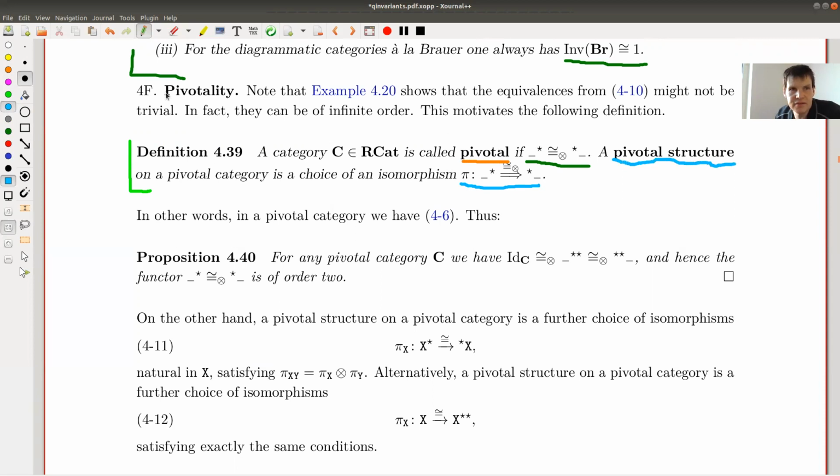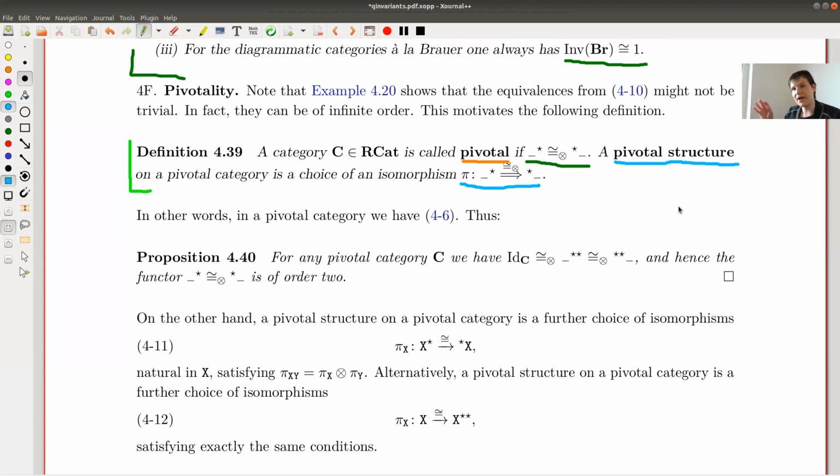Whether a category is pivotal is a yes or no question. Pivotal structures, on the other hand, are choices. There's a choice involved. And again, be careful with the literature. Some authors call a category with the choice of a pivotal structure pivotal.